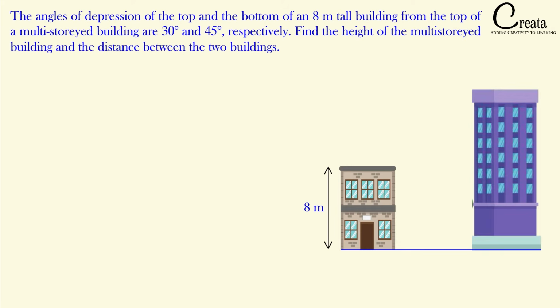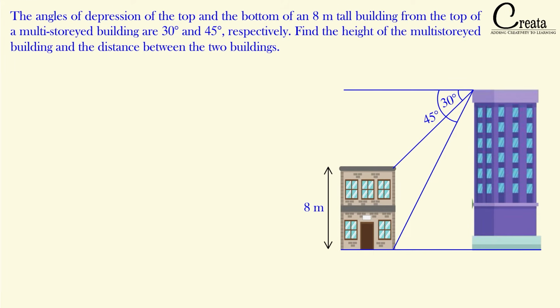It means from the top of this multi-story building, we are looking downward toward this small building. We are looking at 2 points. Firstly, we are looking at the top of that building, and secondly, we are looking at the bottom of the building. When we are looking at the top of the building, the angle of depression formed is 30 degree, and when we are looking at the bottom of the building, the angle of depression formed is 45 degree.